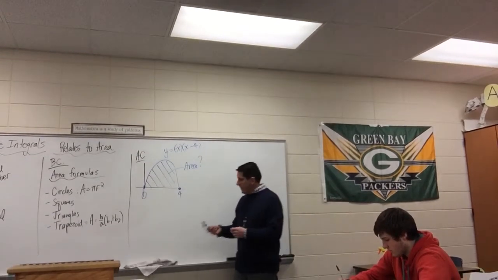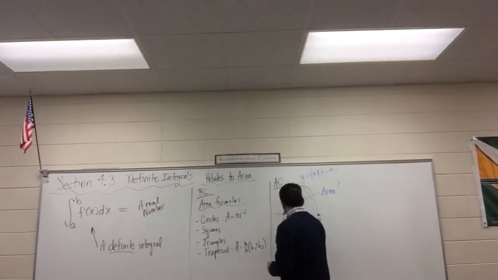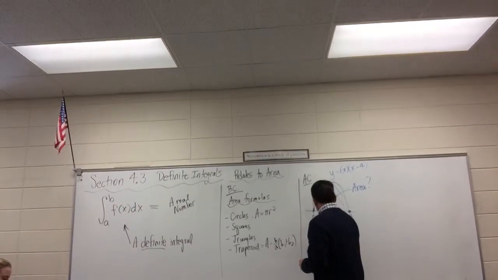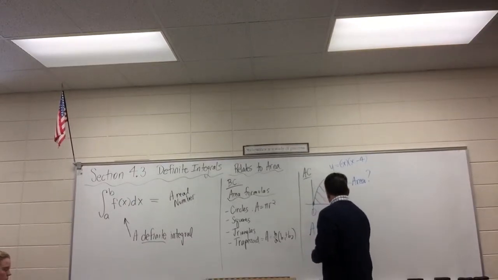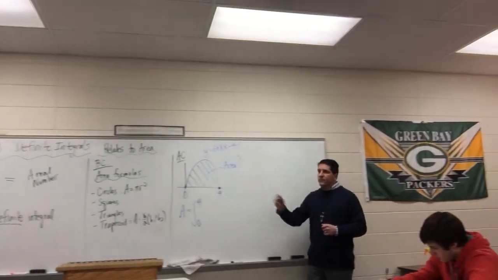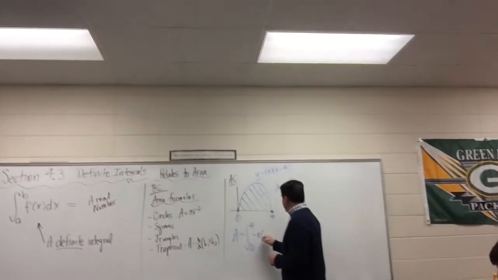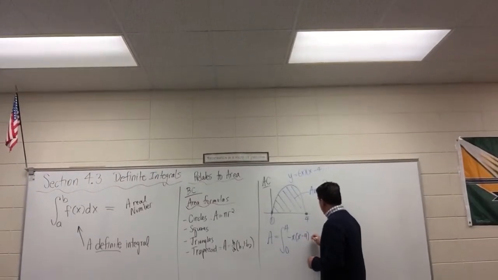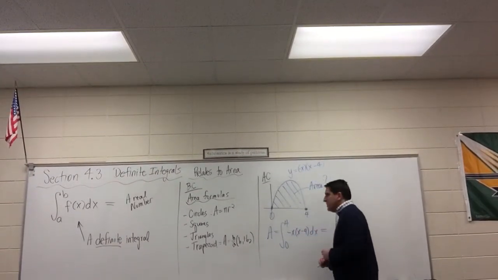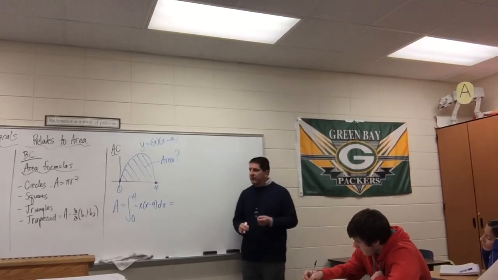But now, with the power of calculus, we can say, well, wait a second. If you integrate from 0 to 4 the function negative x times x minus 4, you can get an answer. It's the actual area.